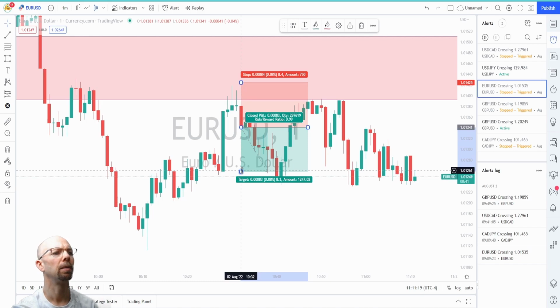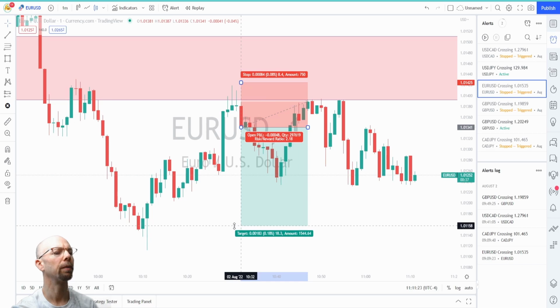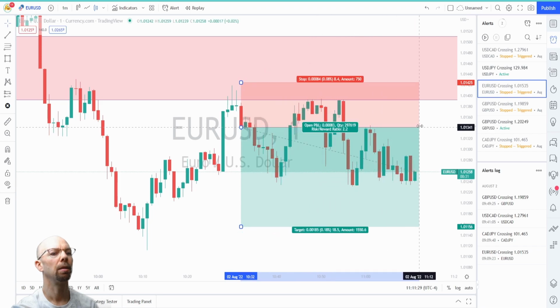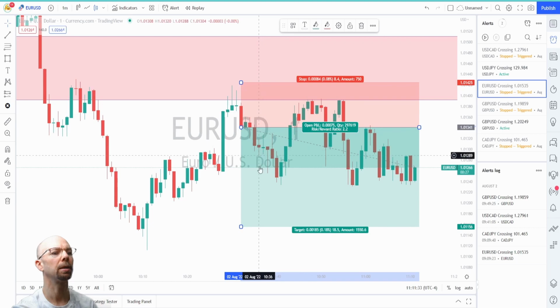Now, if you were going for a larger target, say the bottom of that leg, you would have already moved your stop loss to break even and taken partials. And what would have happened is the trade would have come up and stopped you out. But that's okay because you still would have made something off of it.